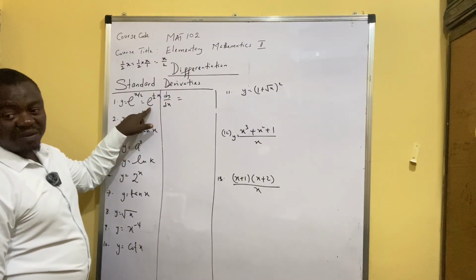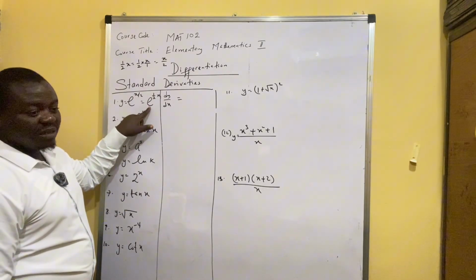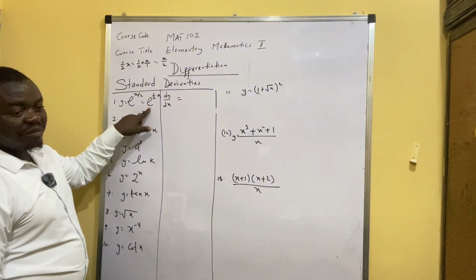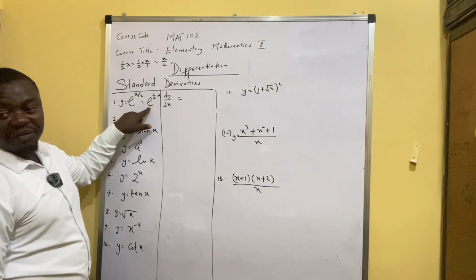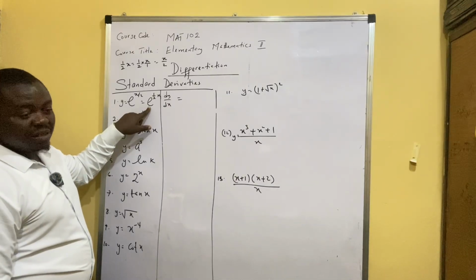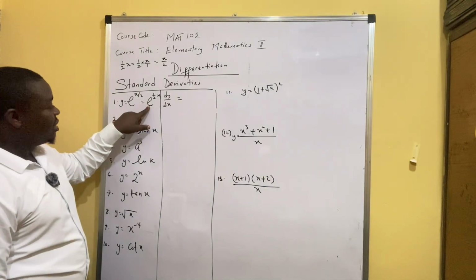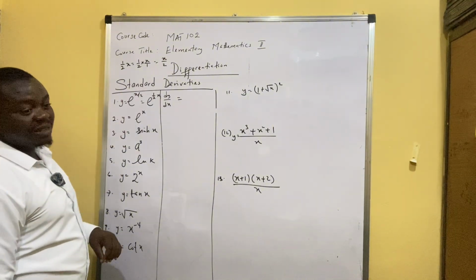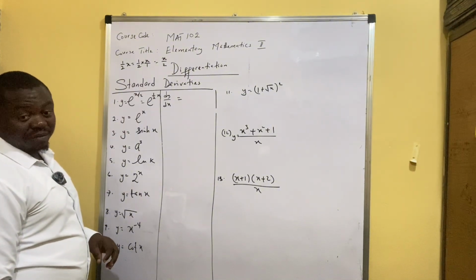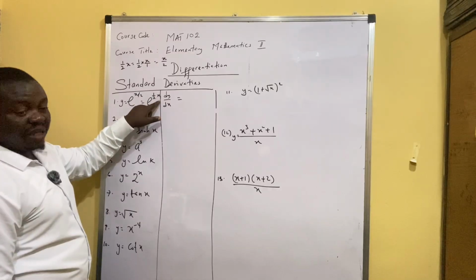Among the standard derivatives, which one does this look like? Exponential. Now look at what you have there. No, this one does not look like e raised power x. This is e raised power kx, because you have a number before the x. So exponential kx. That's what it looks like.